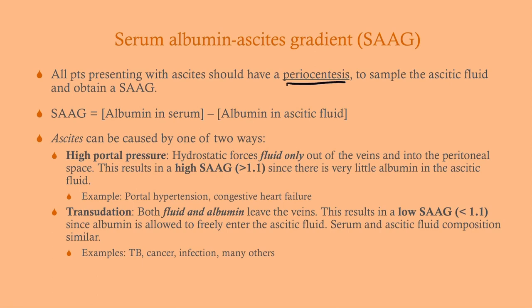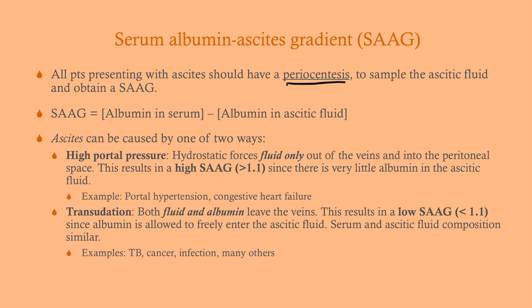Now, we would expect these to be roughly about normal. I mean, if you're just pushing fluid out from pressure, you're not going to push albumin out. And so the consequence of that, if you have a backup, if you have cirrhosis, just regular old cirrhosis, you're going to have hydrostatic forces, and that's going to force fluid only out. So the albumin is going to stay in the blood, and you're just going to push fluid out.